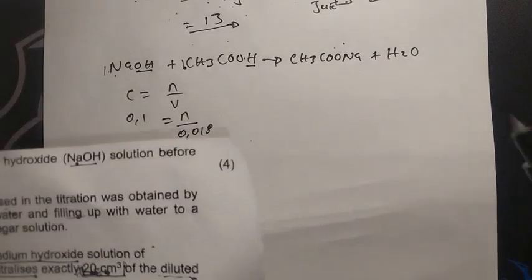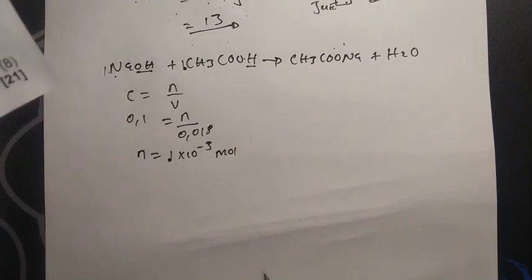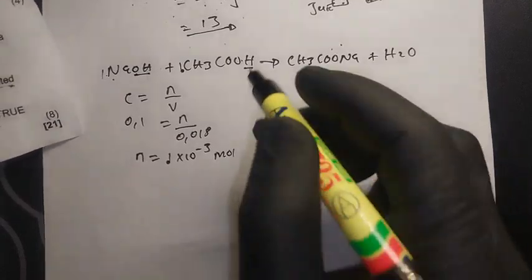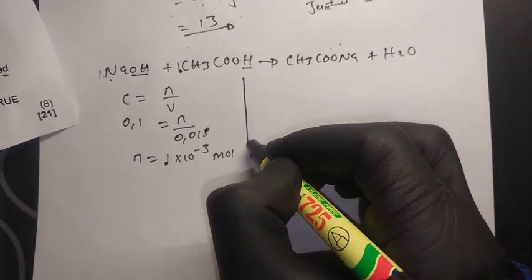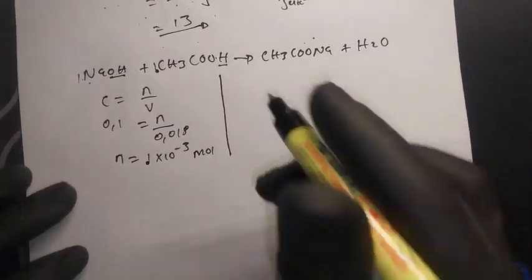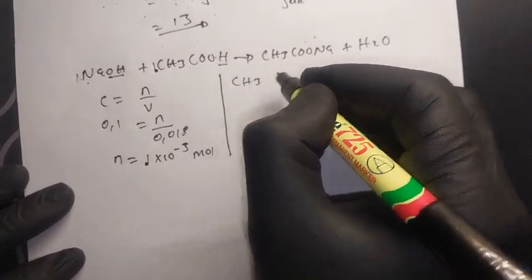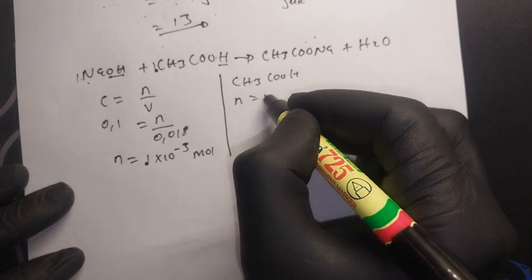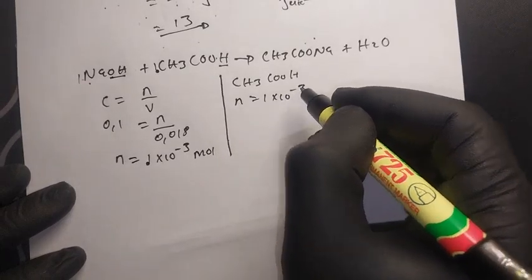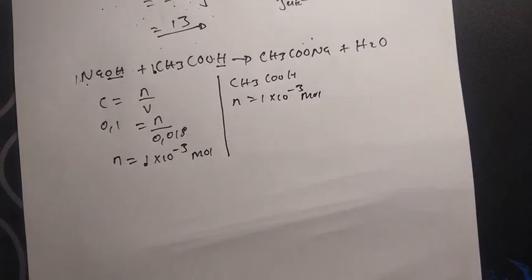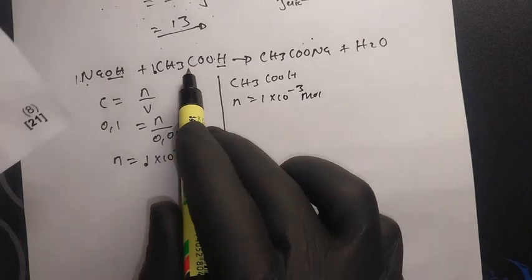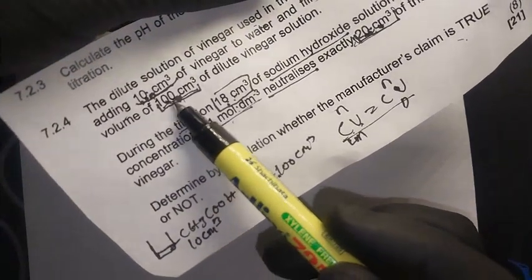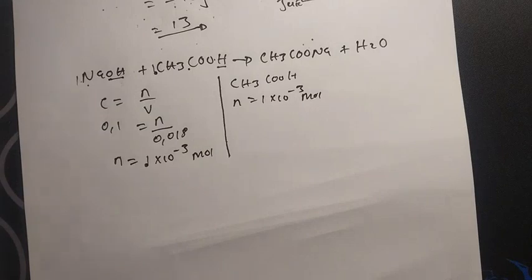So CH3COOH has 1 times 10 raised negative 3 mole. Now let's work out the concentration of this one, so that we can determine the concentration of this 100 centimeter cube, because it's a diluted one.